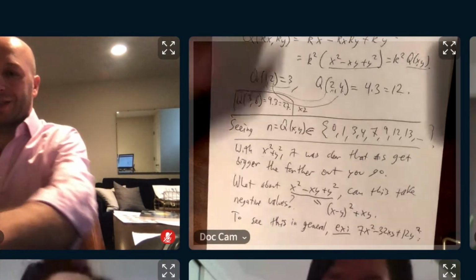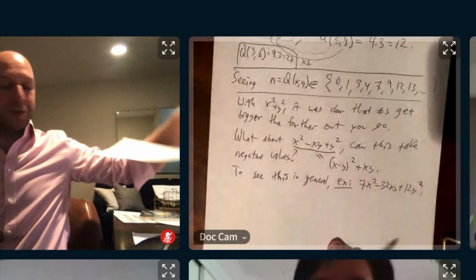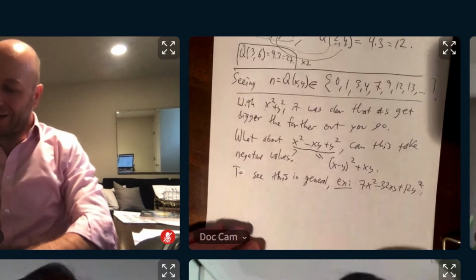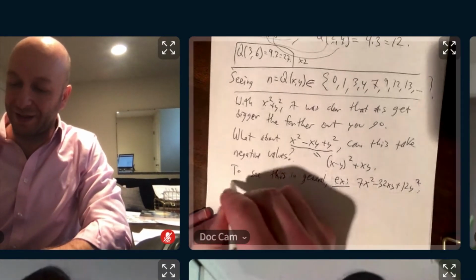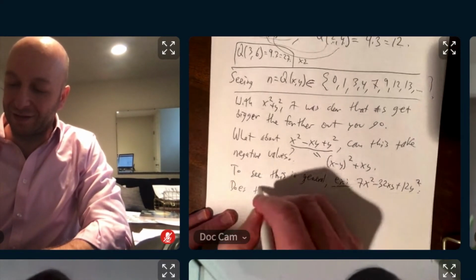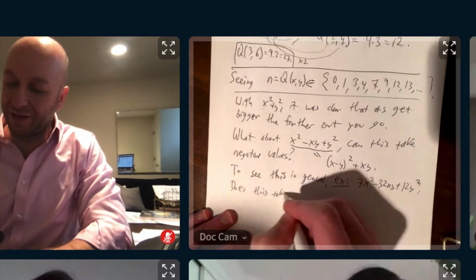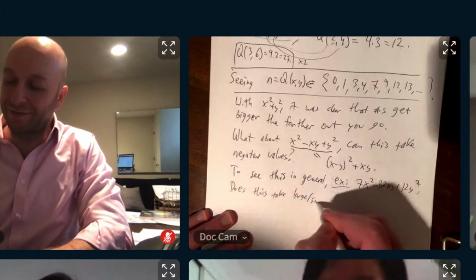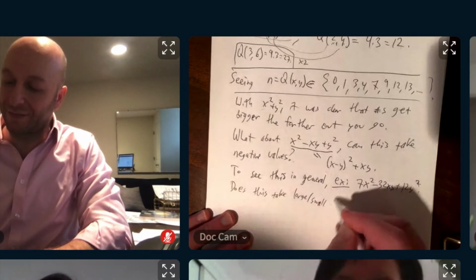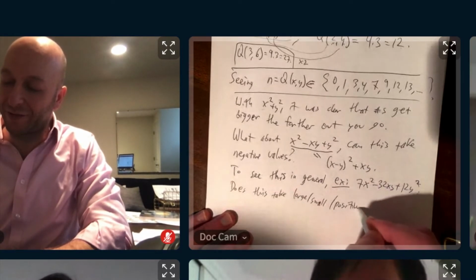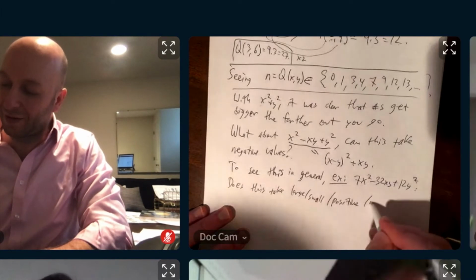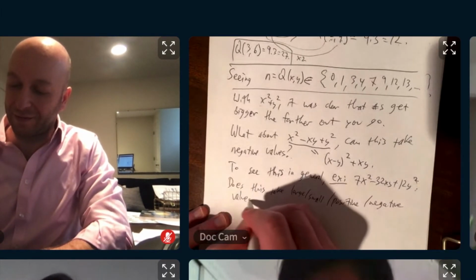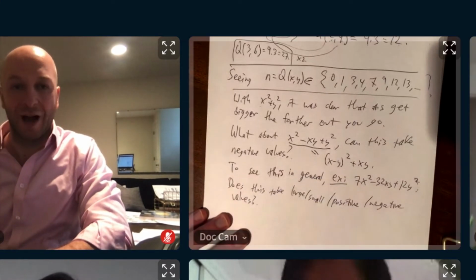Now what? Does it take both positive and negative values? Only positive values? Only negative values? Does this take large, small, positive, negative values? So how can we tell?